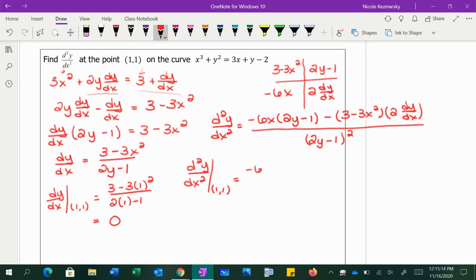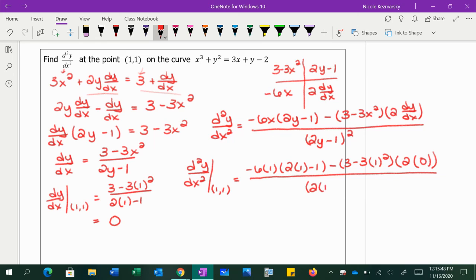And we'll do negative 6 times 1, and then 2 times 1 minus 1, so we're just plugging in 1 for x and y, minus 3 minus 3 times 1 squared, times 2, and then dy/dx, which we already know is 0, because we found it already. And then I'm going to divide by 2 times 1 minus 1 squared.